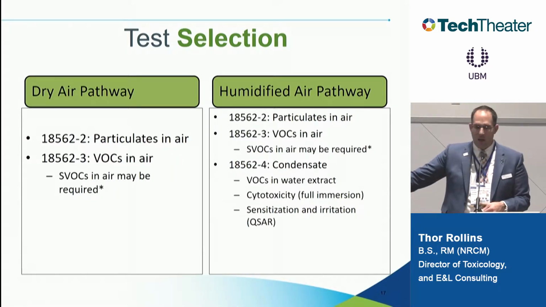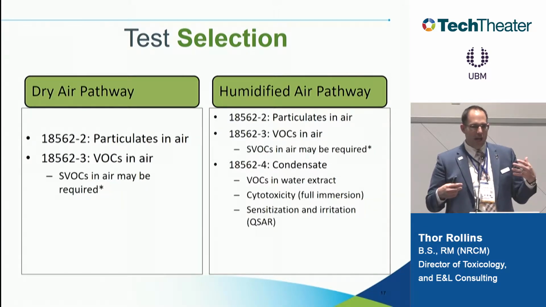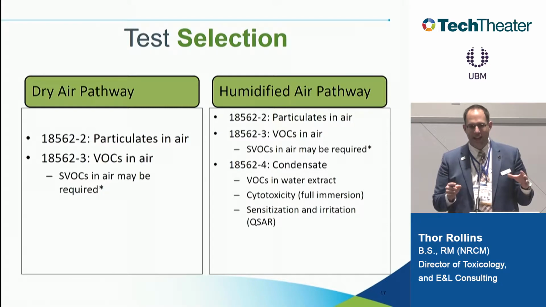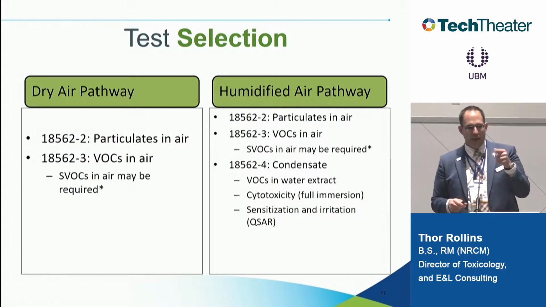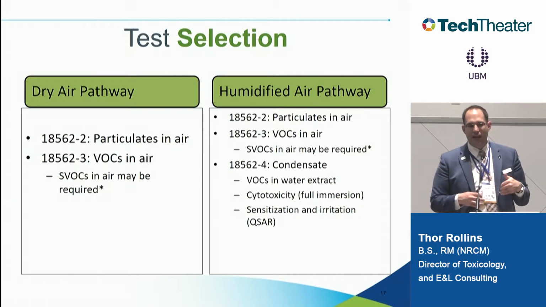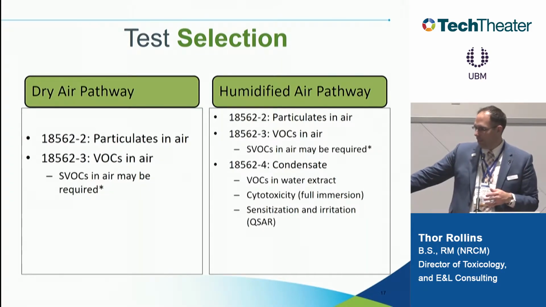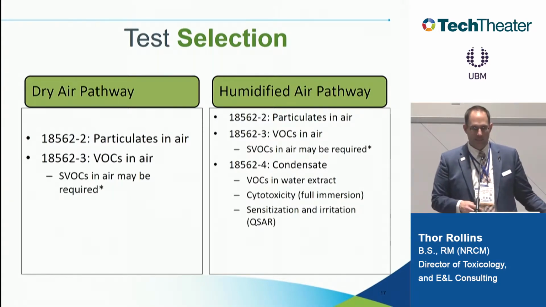That's what this QSAR method is. We look at all the compounds that we saw come off your gas path and we look at how they look. We look at their structure and we say, yeah, that one looks like a bad guy. So we're going to say that one could be a sensitizer based on how it looks, or that one could be an irritant based on how it looks. So we're able to evaluate the sensitization and irritation potential of the humidified gas path without running animal tests.